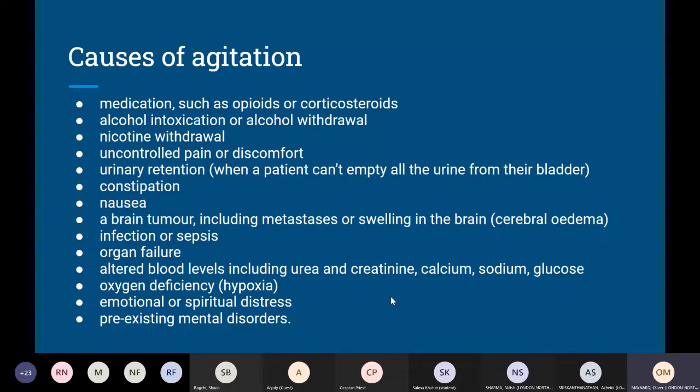Things that might be common in palliative care would be tumours from cancer, altered body levels. Obviously, is going to be almost guaranteed when you're coming to the end of your life and your body organs are shutting down, you're going to have some amount of electrolyte abnormality, as well as organ dysfunction. So there's lots of different causes for agitation.